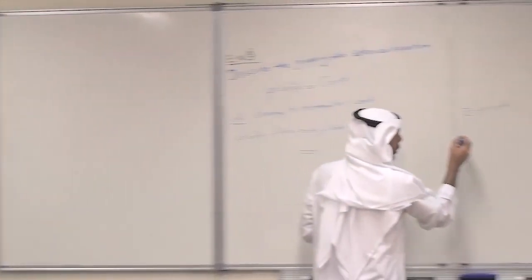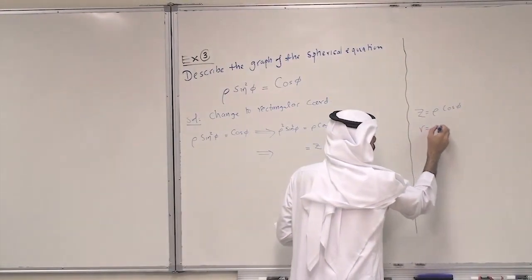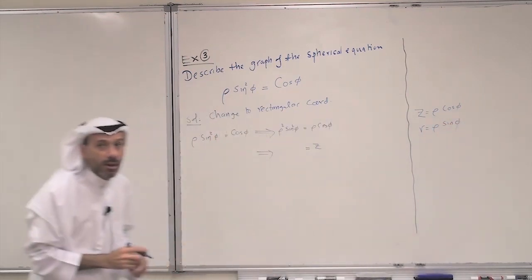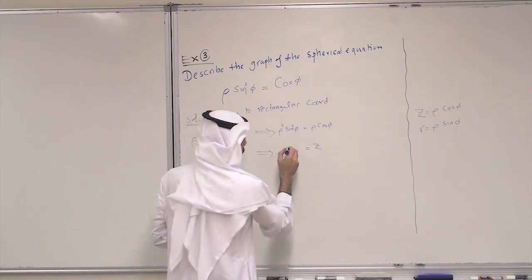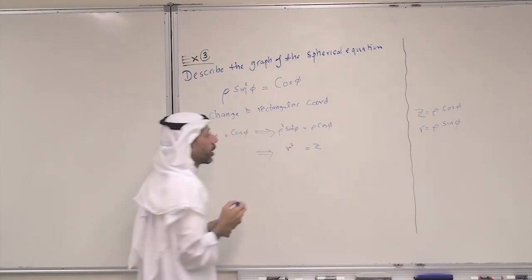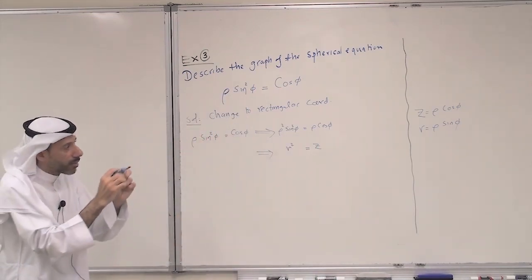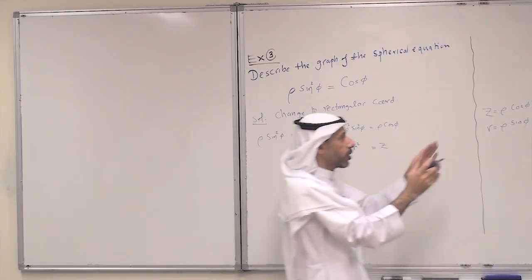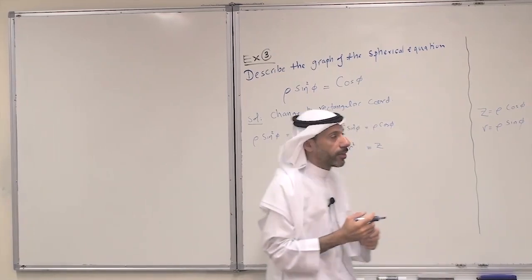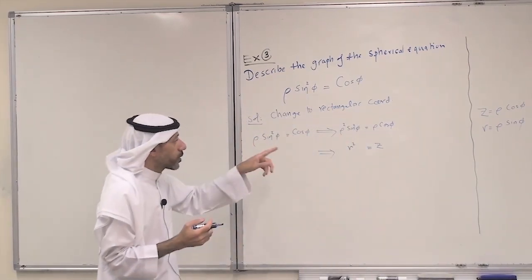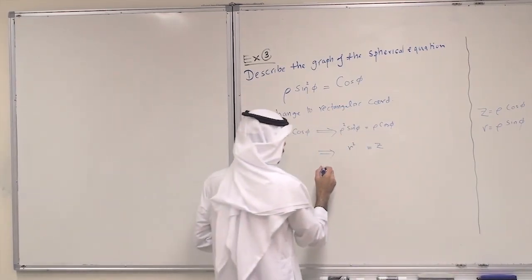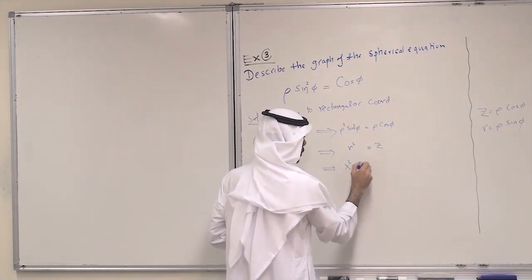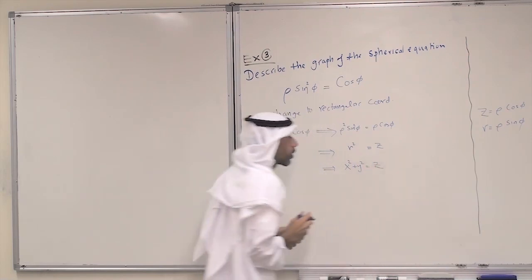We have also r equals rho sine phi, where r comes from the polar coordinates. So this is r squared. But what is r squared? This is x squared plus y squared.